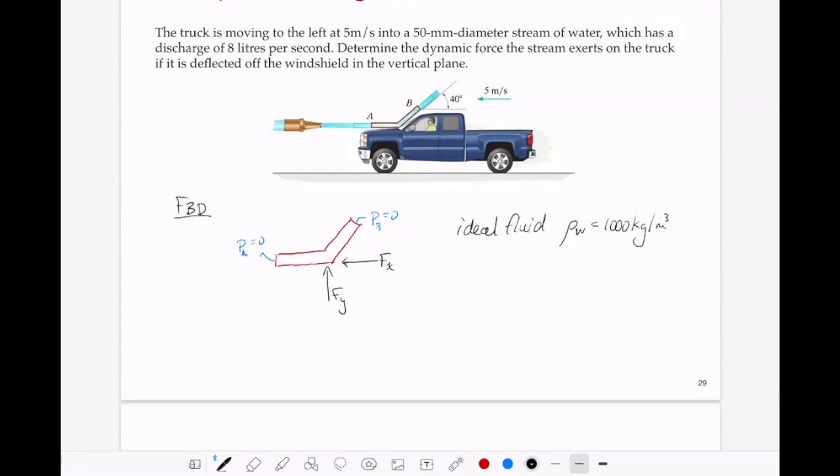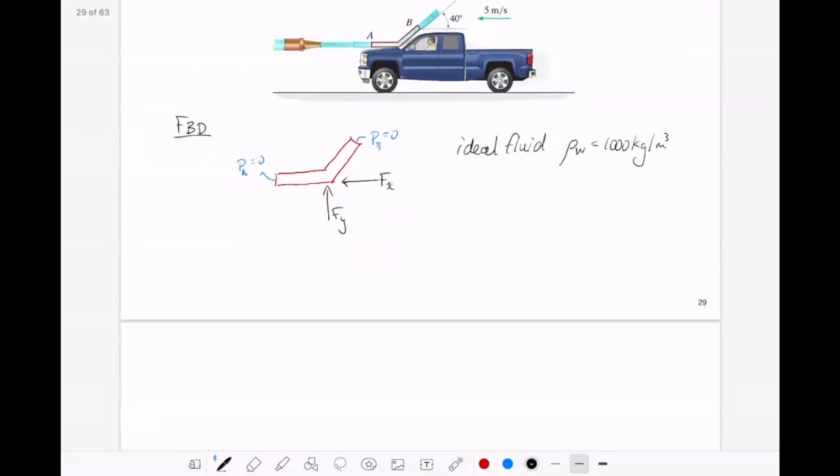So the CV is fixed to the truck, so the control volume is going to be moving at the same speed as the truck, which is 5 meters per second to the left. So if we say, let's choose this as positive, then the velocity of the control surface is equal to minus 5 meters per second.